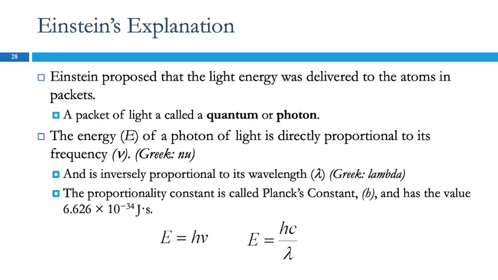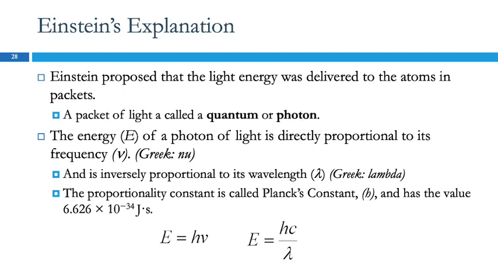So Einstein's explanation for this is that the light energy is being delivered to the electrons in packets or particles of energy. A packet of light is called a photon or a quantum.